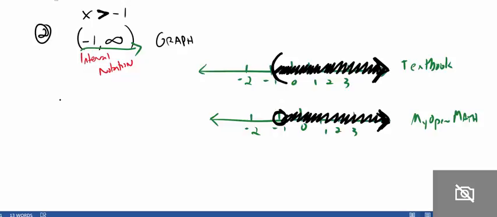One way to connect what's in the textbook to what you have to do in My Open Math is that a parenthesis is the same as an open circle, and a bracket is the same as a closed circle. That would also be true if it's opening this way or that way. Different notation, but again, best to know both. I hope that helps.